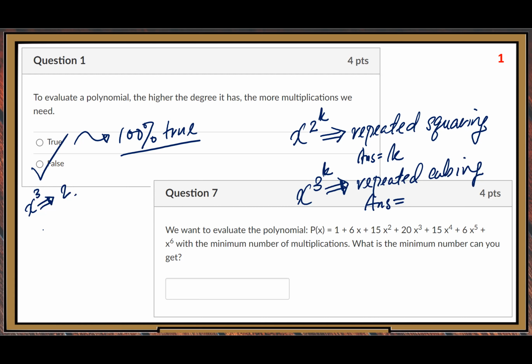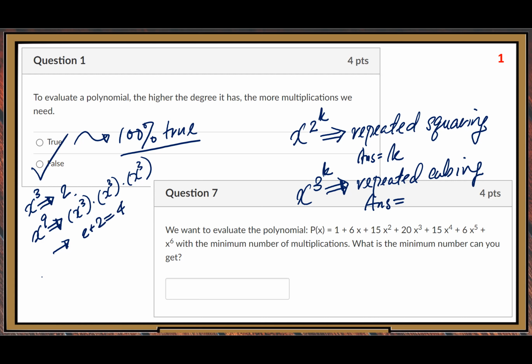And how about x to the 9th? For x to the 9th, we need x cubed, x cubed, x cubed. So we get another 2. 2 plus 2 equals 4.